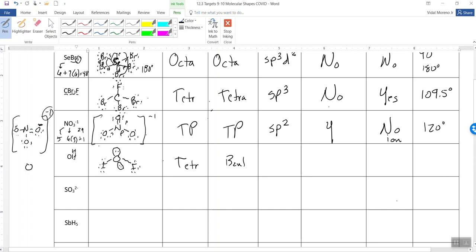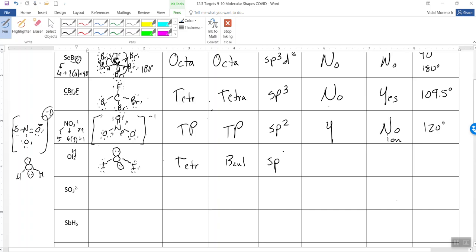See how it's the same thing as water. The only difference is that iodine will require electrons around it, whereas hydrogen does not. Hydrogen is only able to bond one time.